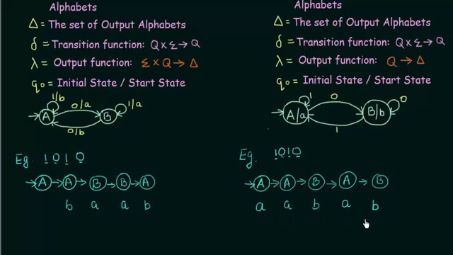So this is how the Mealy machine and Moore machine behave on getting certain input strings. Now if you notice, in the case of the Mealy machine, when we gave an input string of length 4, it produced an output string of length 4.